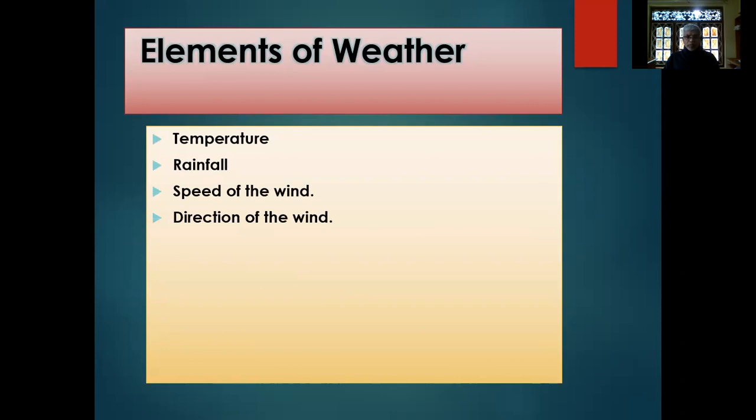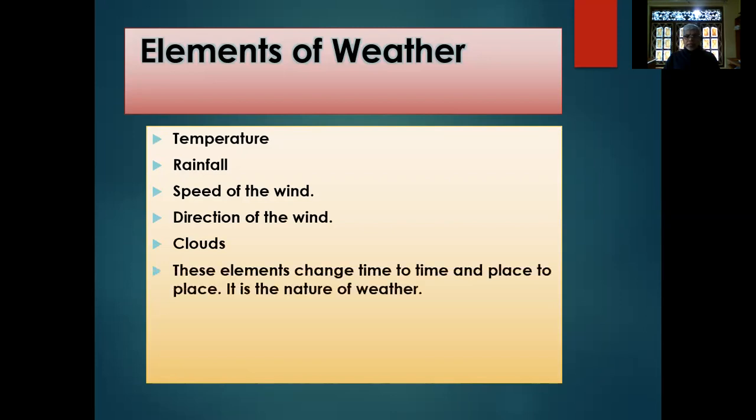Very important because they are connected to rainfall and other weather phenomena in our surrounding. Then clouds, formation of clouds, types of clouds, they can be seen in the sky, and they are also a very important element in weather.